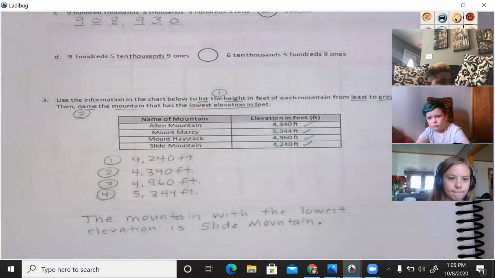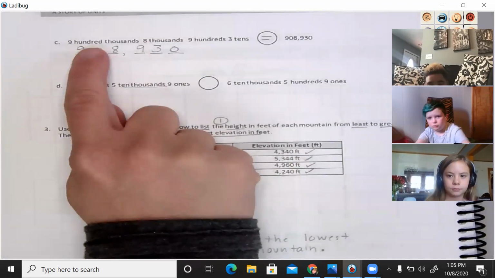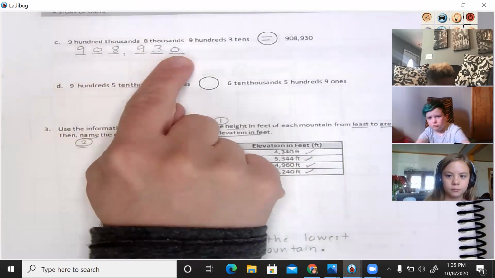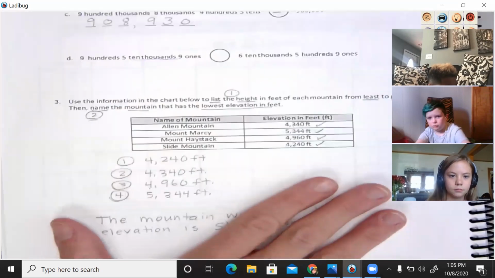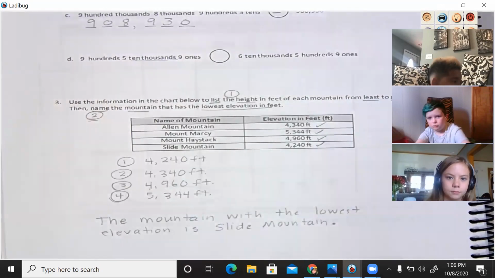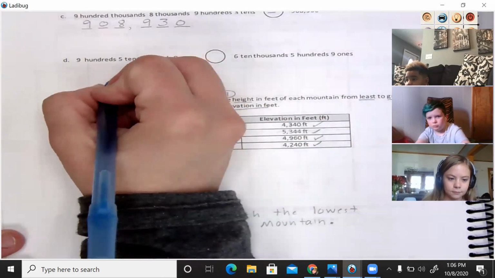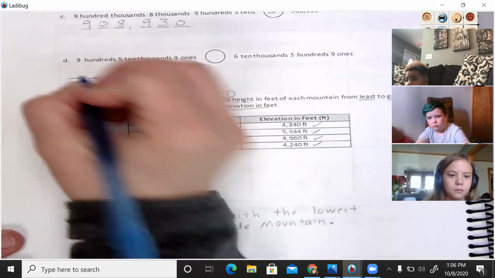So how many tick marks should I put? Almost like up here when we knew we had 100,000s and we put 6 lines for our place values. How many lines will we need to show a number in 10,000s? 5. Very good. So I have 5: ones, tens, hundreds, comma, thousands, 10,000s.